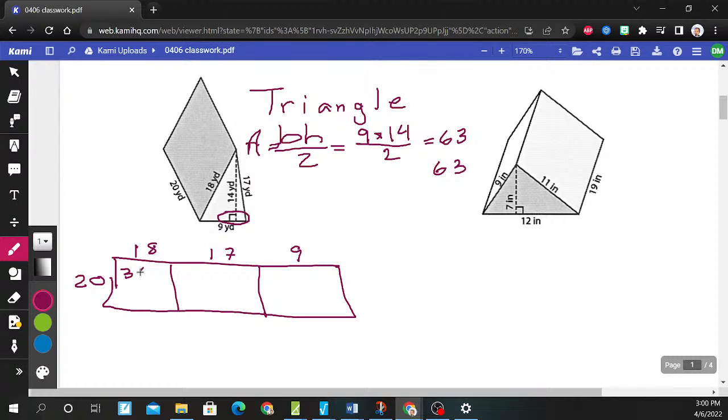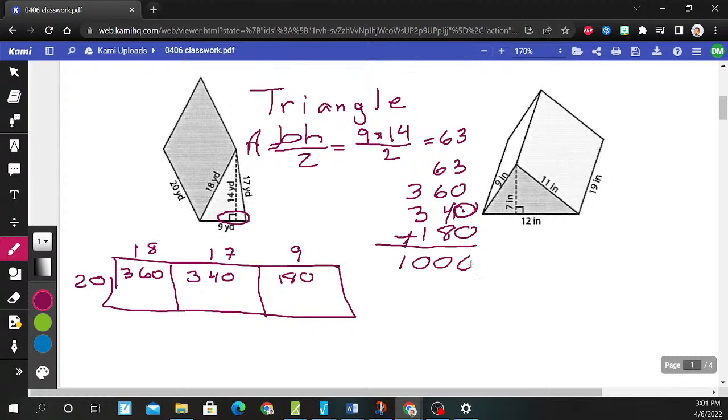So that means that we're going to add 360, 340, and 180. That's a 340, in case you can't read it. So we're going to add all these up. So we have 63 plus 63 plus 360 plus 340 plus 180, and I get 1006. And that's yards squared.